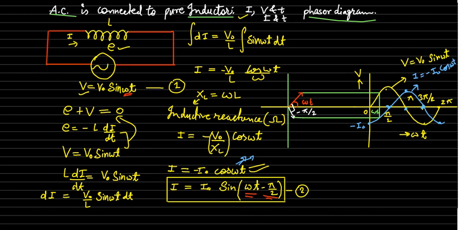Now if I want to calculate the phase difference, it will be the phase of voltage minus the phase of current. The phase of current is omega t minus pi by 2, so omega t cancels, and plus pi by 2 is coming.